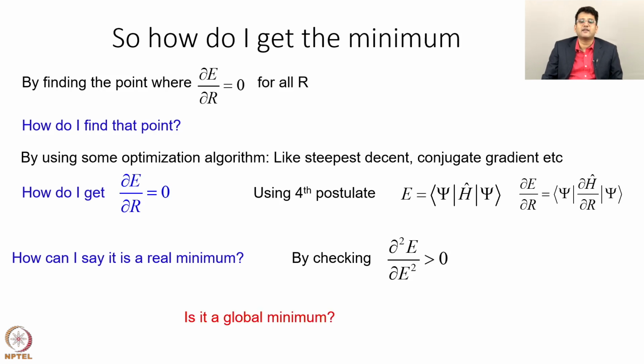Now, the question is, is it a global minima? It may not be, because when I am doing this optimization, I am only sampling a part of the potential energy surface. Maybe I have reached one minima, but that minima may not be the global minima; maybe there is some other point available which actually has a lower energy.